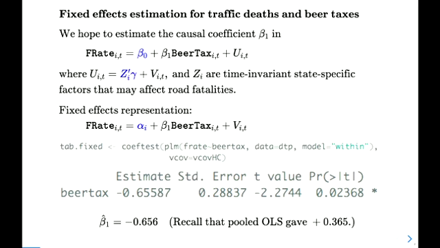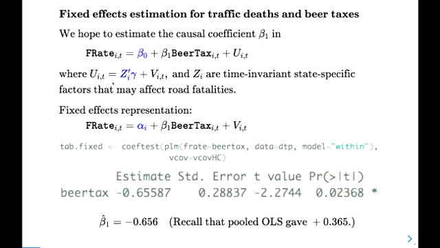All right, so this is just a quick refresher of the application that we're looking at to start with, to introduce the concept of time fixed effects. So we've been looking at the relationship between the fatality rate due to motor accidents across the states of America and attempting to estimate what might be the causal effect of variations in beer taxes on that, through a drink driving kind of mechanism.